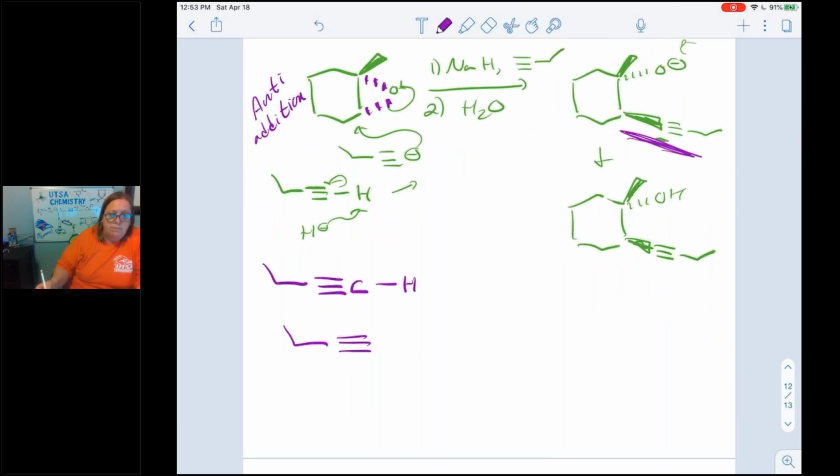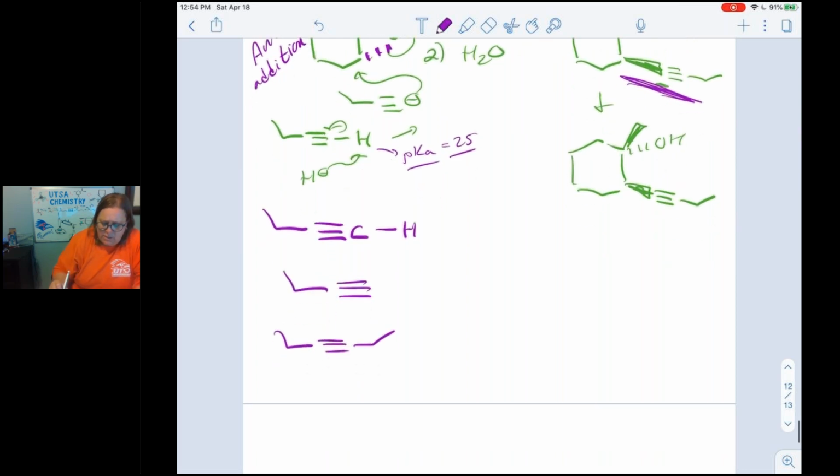But I drew the hydrogen because it's part of the mechanism. So this goes back to knowing that the carbon has 4 bonds. And if I have this terminal alkyne here, we remember that the pKa of this hydrogen is 25, which is why we can remove it so easily. If I have an internal alkyne, I can't do anything here because why? There's no hydrogen here. If I put a hydrogen here, I've exceeded carbon's octet, and we don't do that.